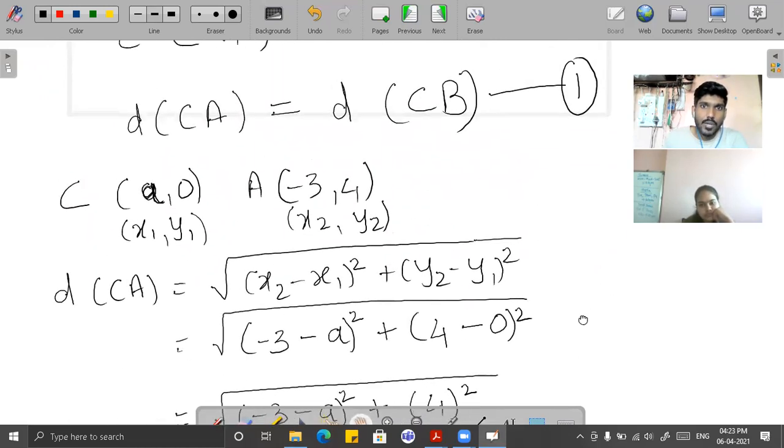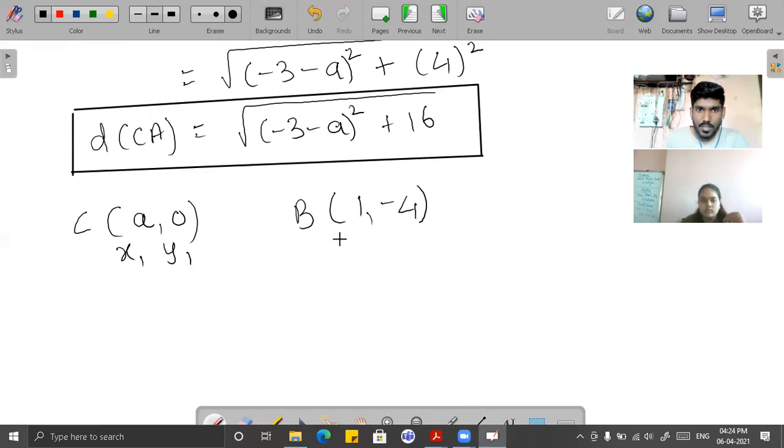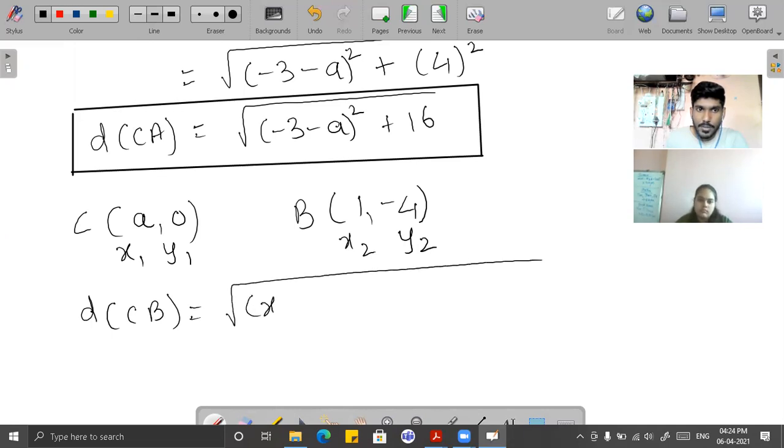Distance CA we found out, now we'll find out distance CB. As we know, C has coordinates A, 0 and B has coordinates 1, -4. So this will be x1, y1, x2, y2. Distance CB, again using the distance formula, equals the square root of x2 minus x1 the whole square plus y2 minus y1 the whole square.